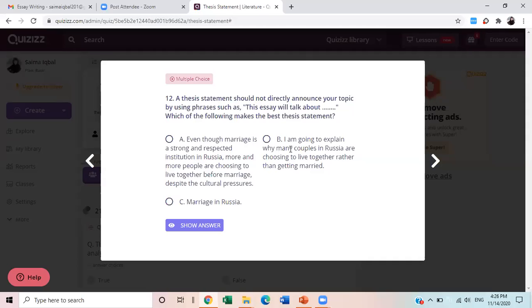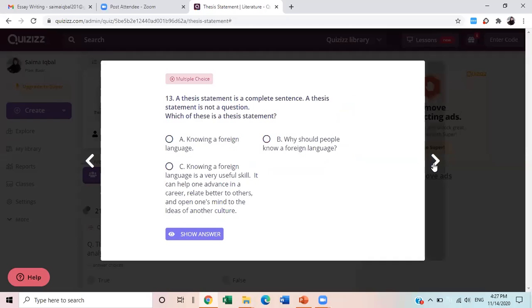Or: I'm going to explain why many countries in Russia are choosing to live together rather than getting married. So the first one is a good example of a thesis statement, because the second one, option B, is announcing the topic. I already told you that the topic should not be announced.